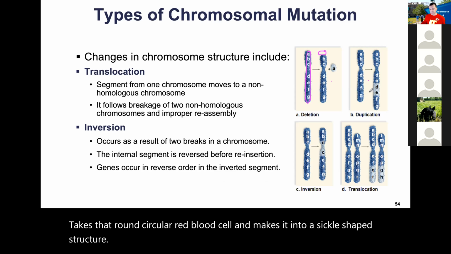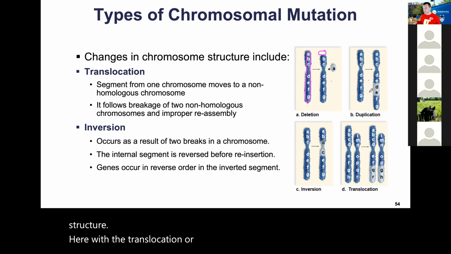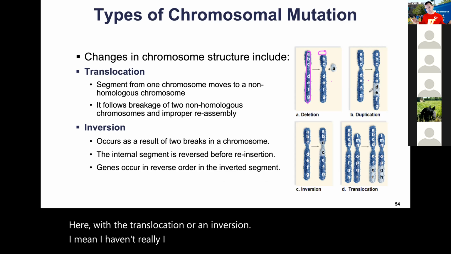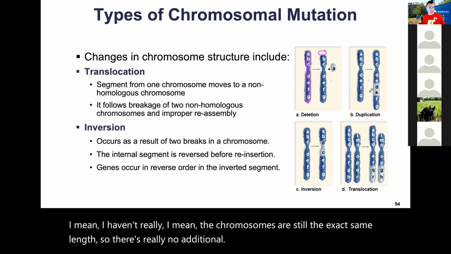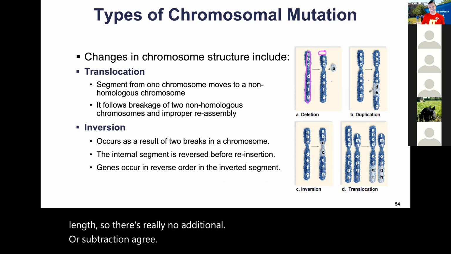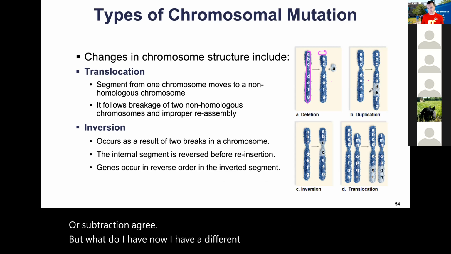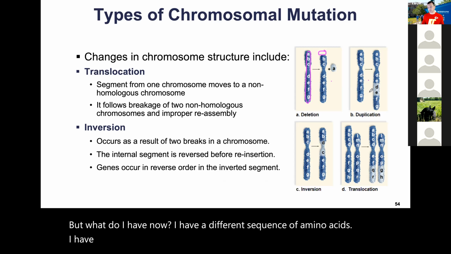Here with a translocation or an inversion, the chromosomes are still the exact same length, so there's really no addition or subtraction occurring. But what do I have now? I have a different sequence of amino acids. I have different instructions.